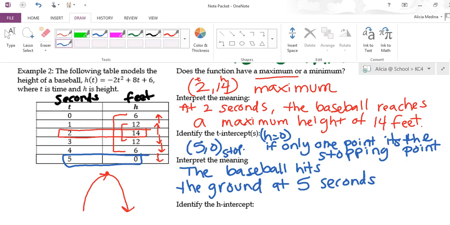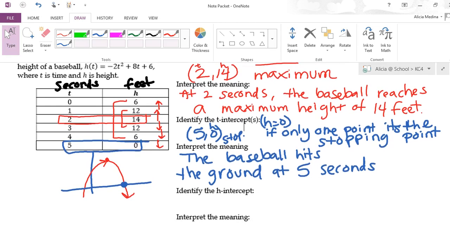Alright, so if this was our x-axis here, probably more like this, right? This is wherever the ball hits the ground. Why? Because this was my h and my height was a 0.